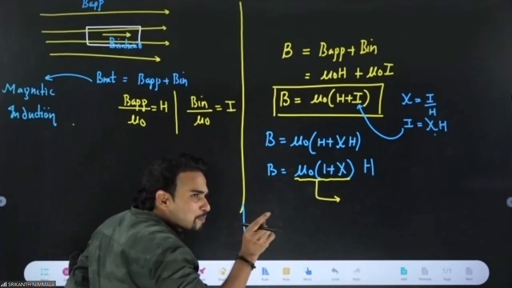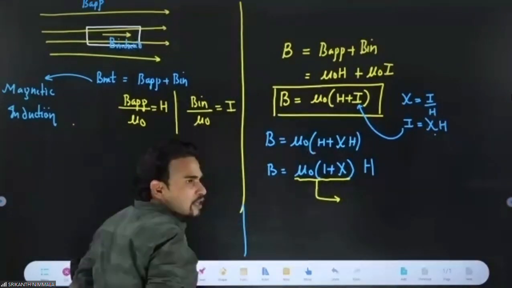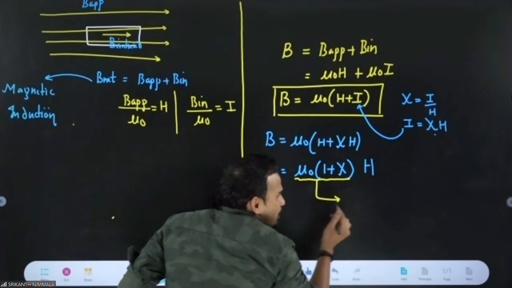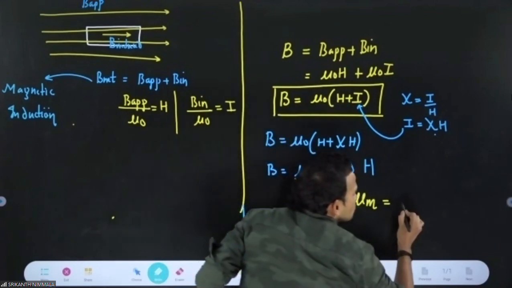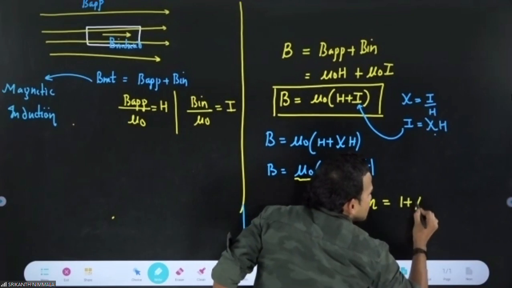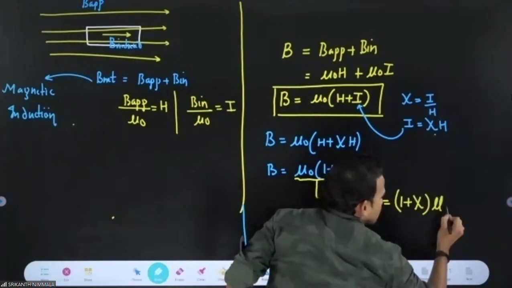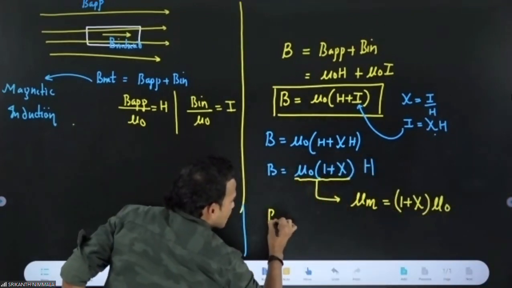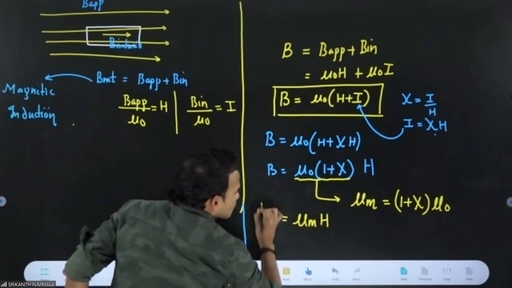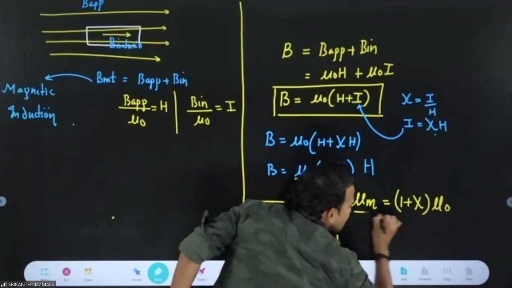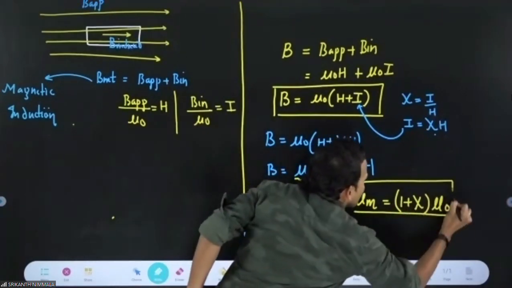Mu naught is permeability of vacuum. This quantity mu naught into 1 plus Xi is known as permeability of a medium, whose value is 1 plus Xi into mu naught. And finally B will be coming as mu of medium into H. This is how permeability of a medium is defined in terms of magnetic susceptibility.